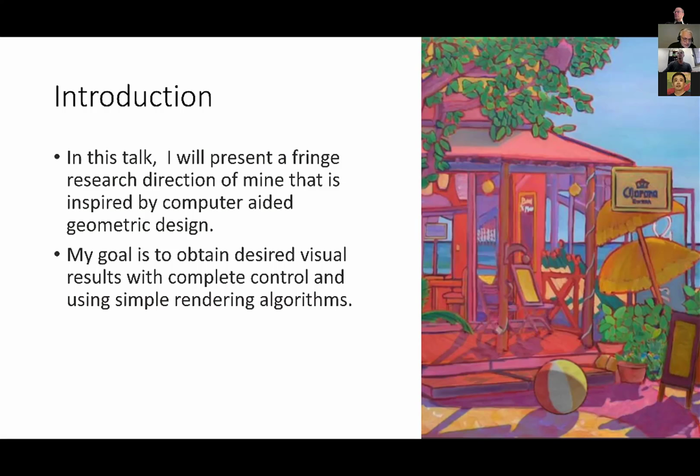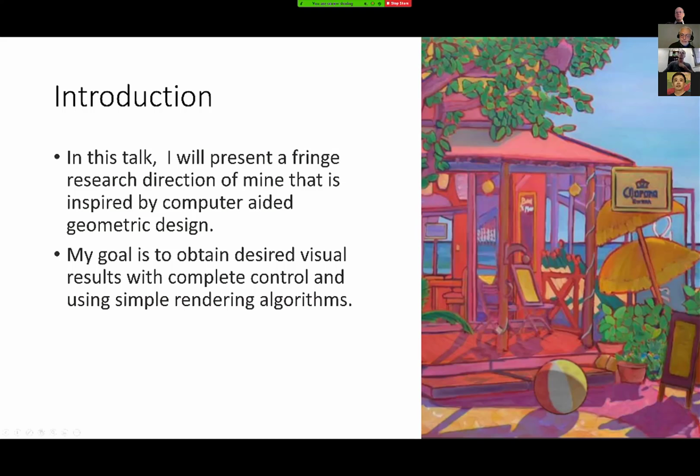The similarity comes from the fact that I want to control the visual results the way we control Bezier curves or B-spline curves, B-spline surfaces, exactly like that. I want to get the color exactly the way I want it.